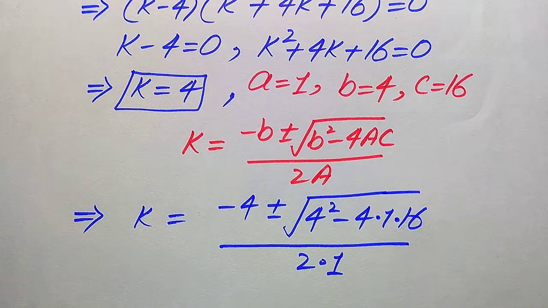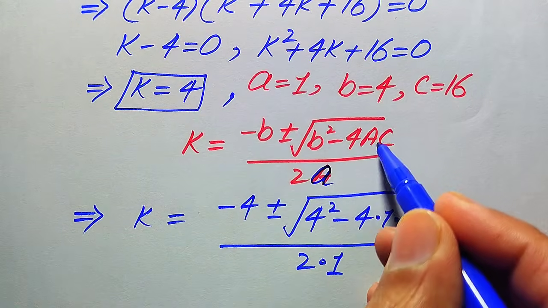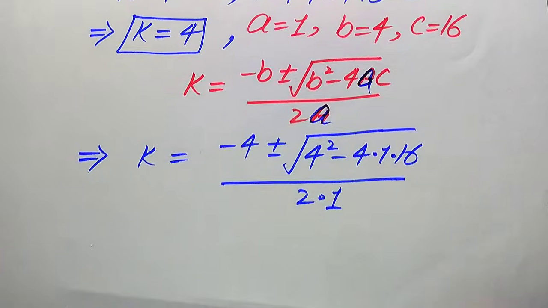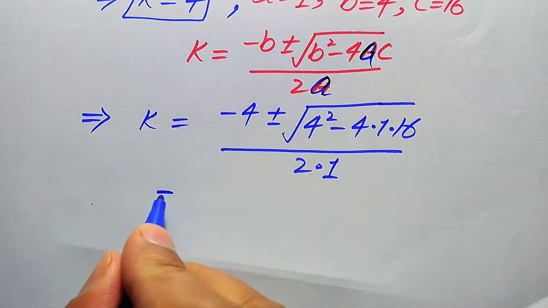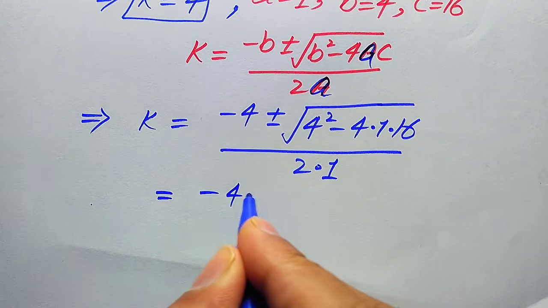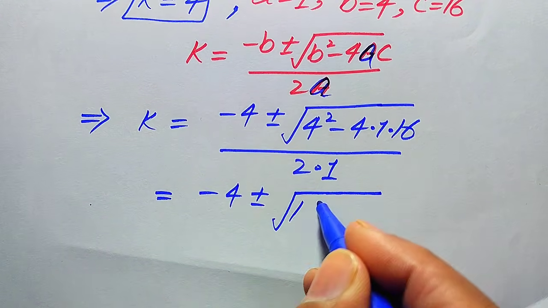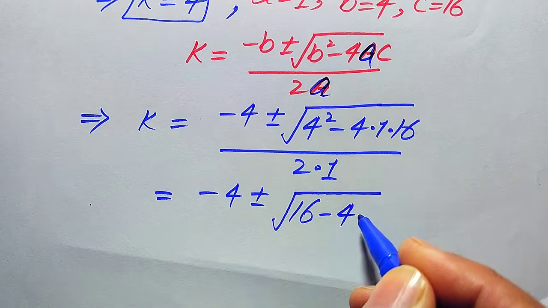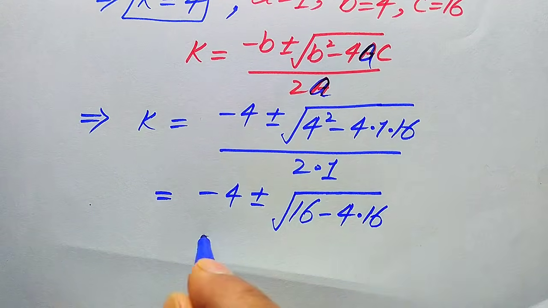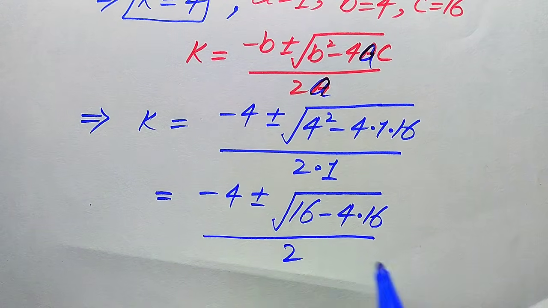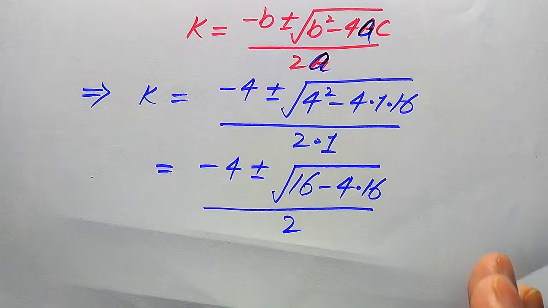Here our a equals 1. And further in the next step we need more simplifications, and we have minus 4 plus minus the square root of 4 squared, which becomes 16, minus 4 times 16, divided by 2 times 1, which is 2.